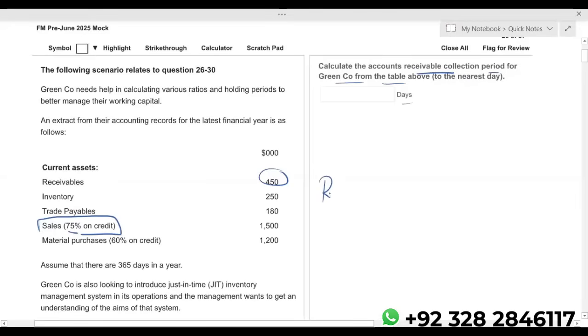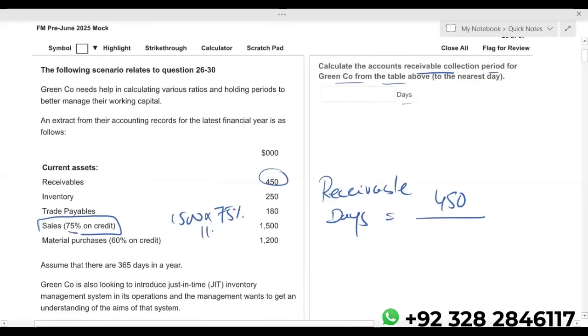So receivable days, debtor days, is equal to the amount of the receivable, 450, divided by the credit sales. Here the examiner has specifically mentioned 75%, so we'll take 75% of the sales, which comes to 1125.